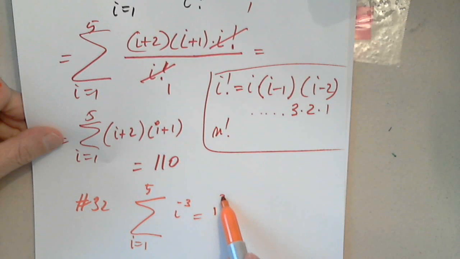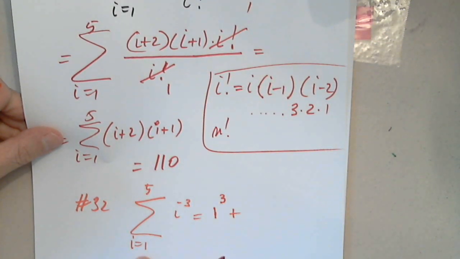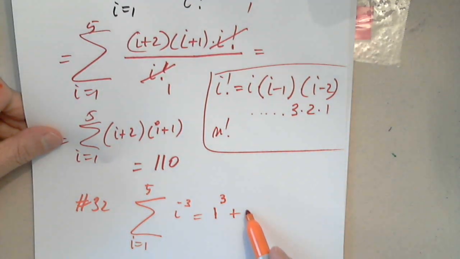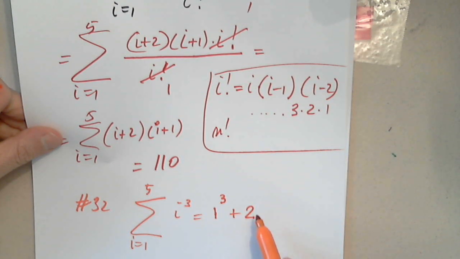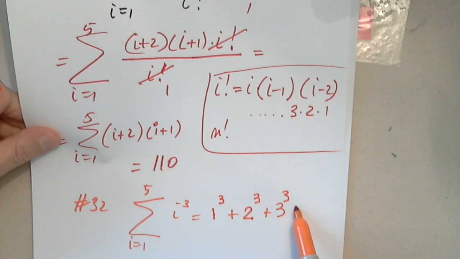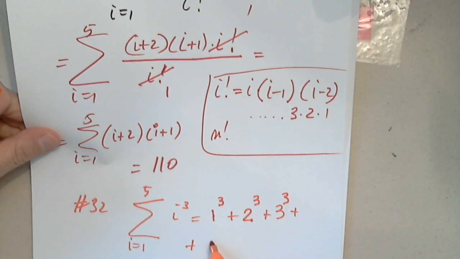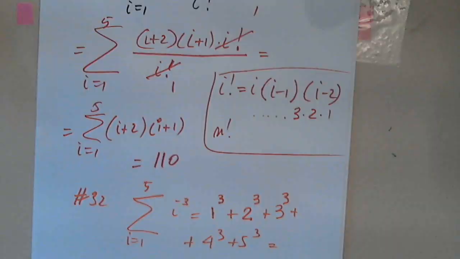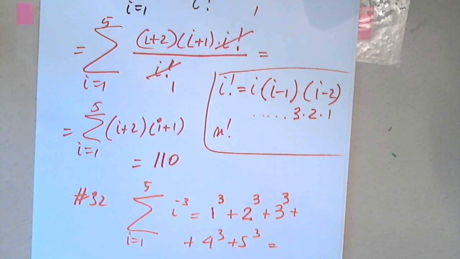Plus 2 to the third, when i is 2. Plus 3 to the third, when i is 3. Plus 4 to the third, when i is 4. Very good. Awesome.